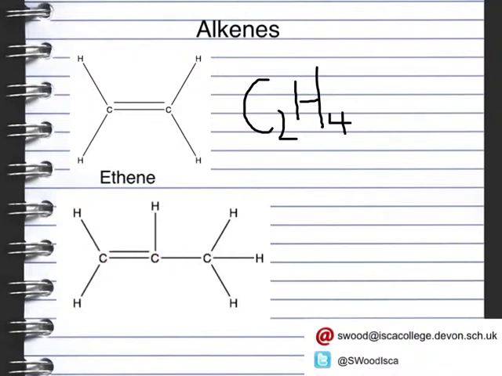One of the misconceptions or common mistakes people make is they put double bonds on each of the carbon atoms. There is only one double bond. The name for this is propene, and it has the molecular formula C3H6.